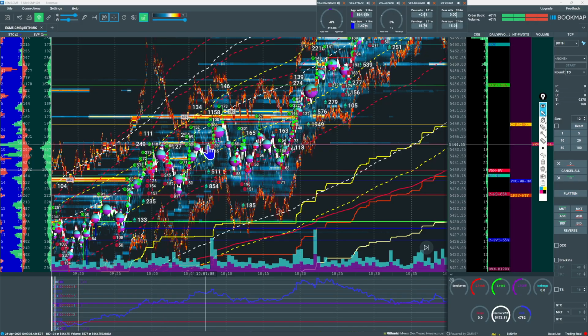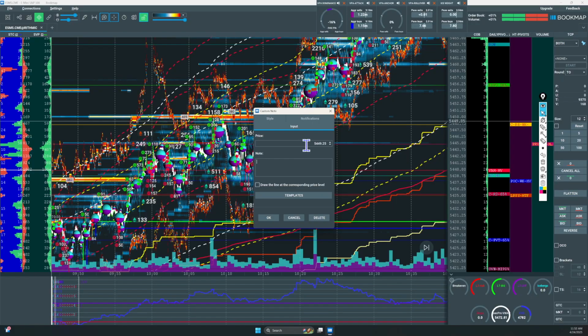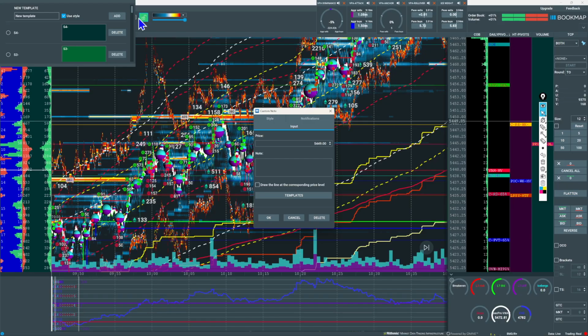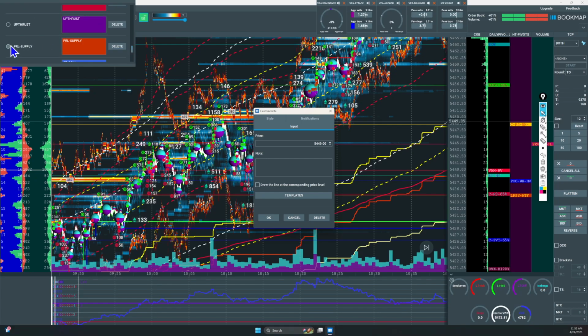So this is basically our preliminary supply right here, right? So I should label that. That's just under this liquidity, 54.49, right?